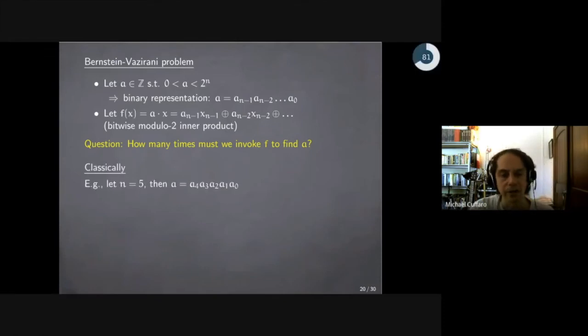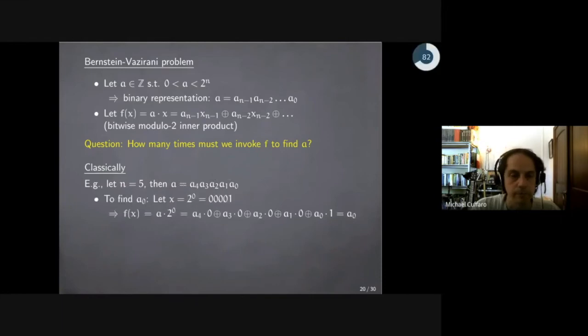Now, classically, you're going to end up needing n invocations. Let's take an example, n equal to 5, just to illustrate. Then your bit string is going to look like this: a0 through a4. Suppose I want to find the 0th bit. I can grab out of my grab bag an x that looks like that.